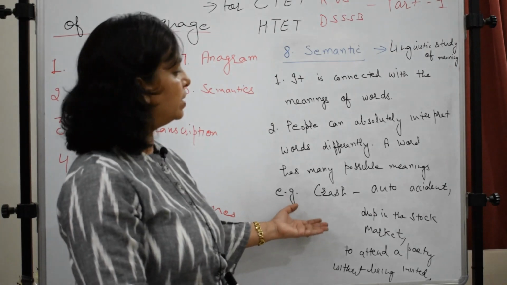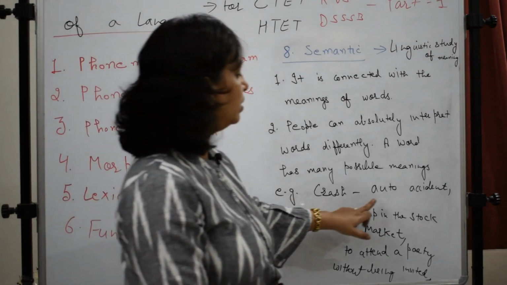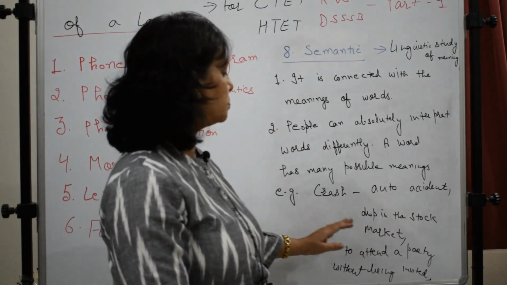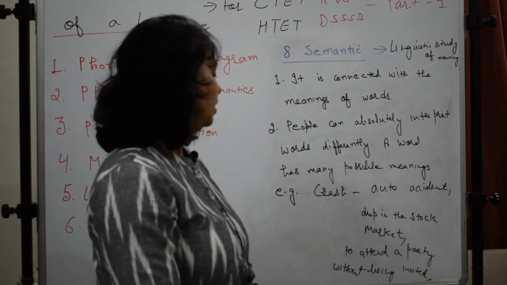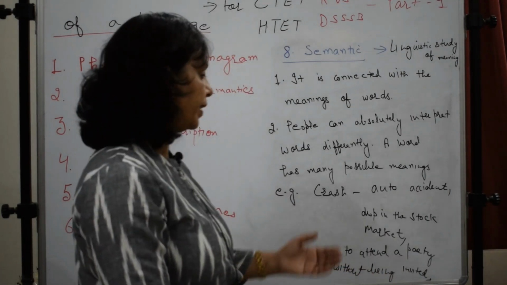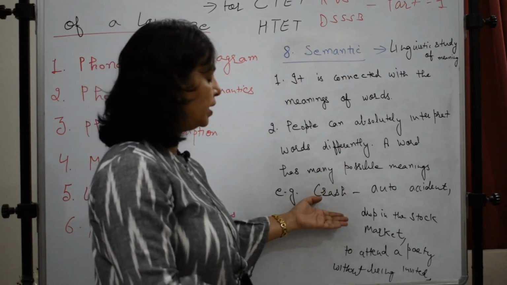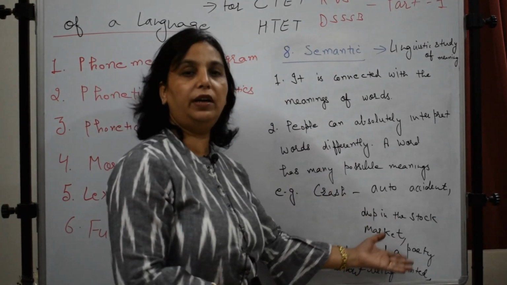I can make it simple by giving you the example of the word crash. Crash can mean an auto accident. It can also mean a drop in the stock market. It can also mean to attend a party without being invited. So crash is a word which has different semantic meanings according to the need of the people.